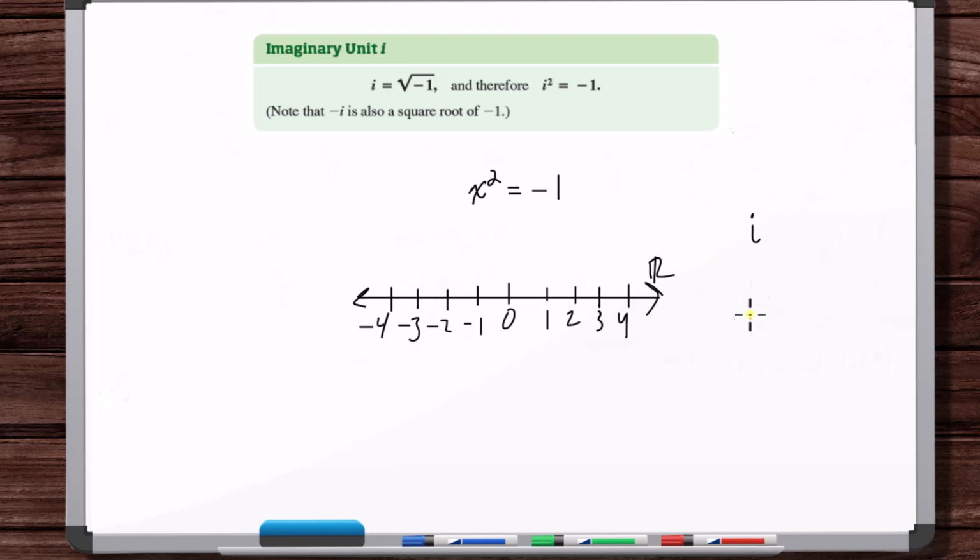Well, i is a number that is defined to be, there are two ways you can look at the definition of i. You can look at it as shown here. It's a number that when you square it, you get -1. Or you can look at it from this perspective as the principal square root of -1. And I would say that this definition is a little bit more descriptive in the sense that, when you say that i is a number that when you square it, you get -1, there's no ambiguity.